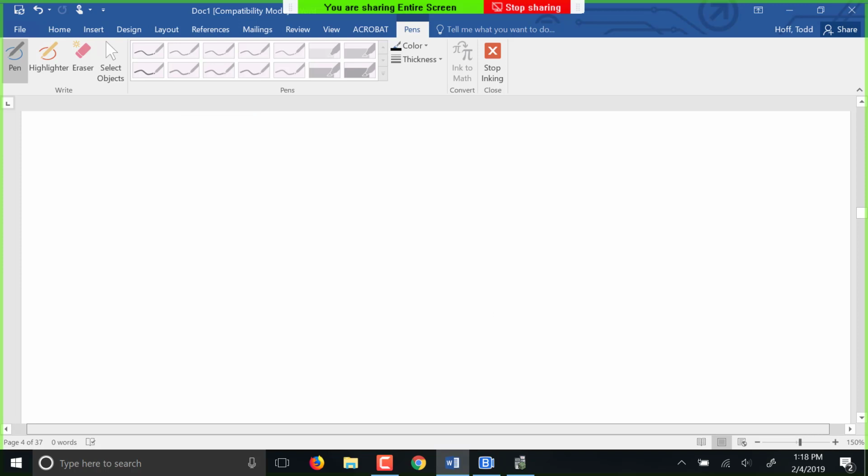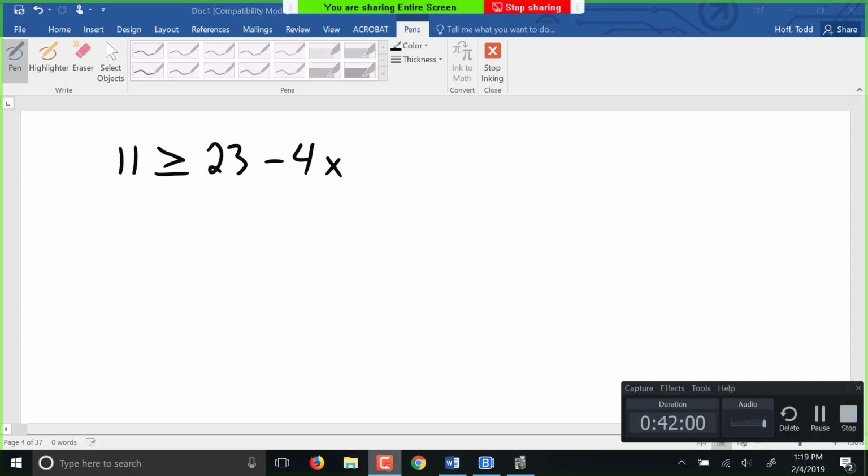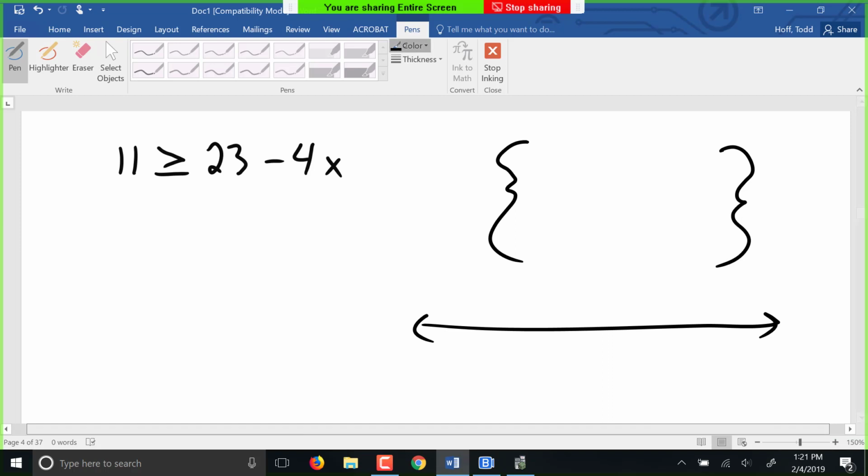I want you guys to try one in your notes. 11 is greater than or equal to 23 minus 4x. I'll give you a couple minutes to work on it. Let's see how you're doing so far.